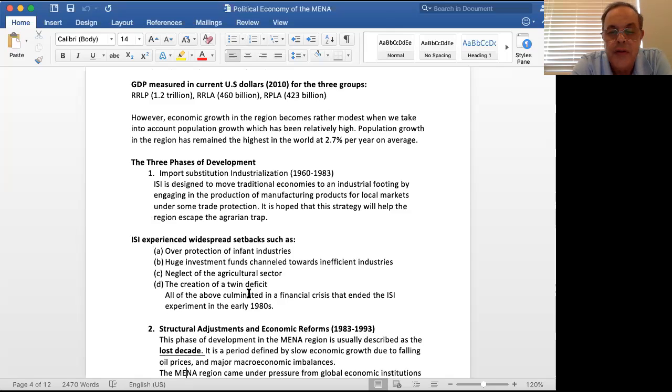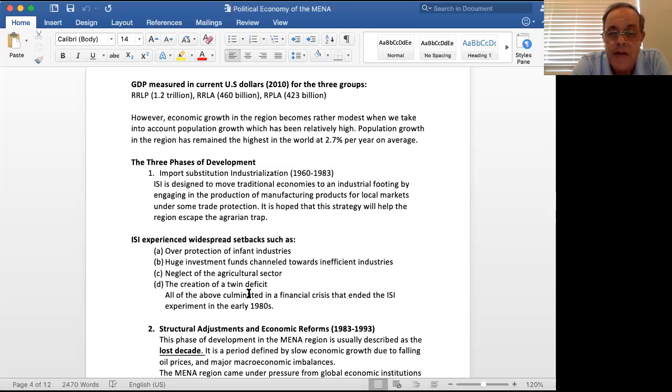In order to embark on an ISI strategy, you have to protect your infant industries from competition, because it doesn't make sense to invest heavily in all these factories if they are producing those goods at a higher price than the outside world. So in order for this to succeed, you have to protect them from foreign competition.